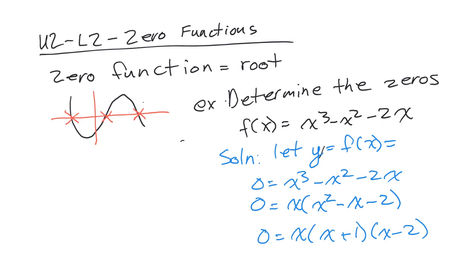So therefore, our zeros are x equals 0, 1, negative 1, and 2. And we are done.